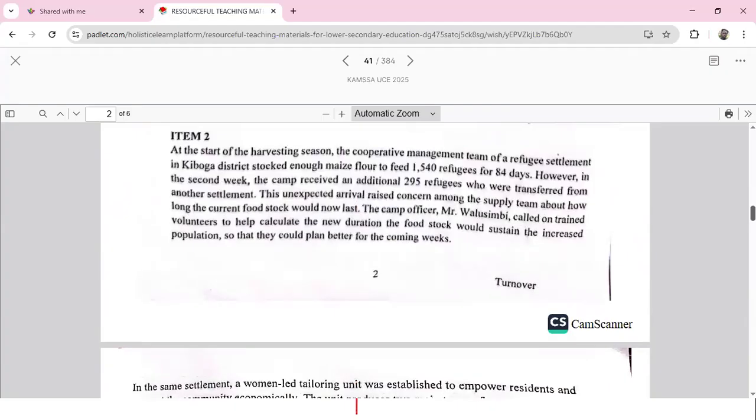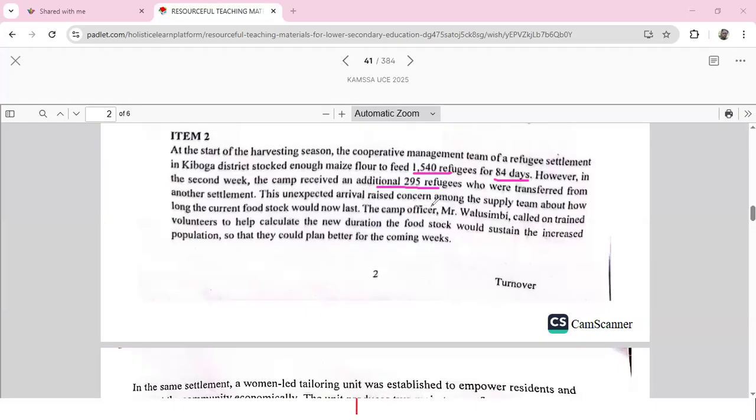Now, when you look at CAMSA here, they told that at the start of the harvesting season, the cooperative management team of the refugee camp stocked enough maize to feed the refugees for 84 days. However, in the second week, the camp received an additional 295 refugees who were transferred from another settlement.